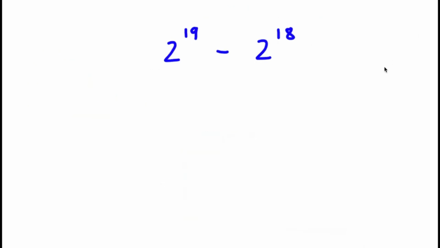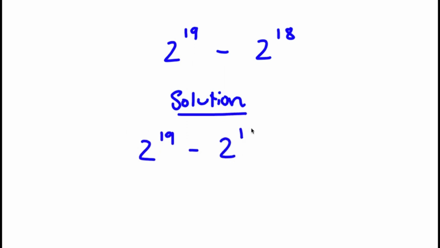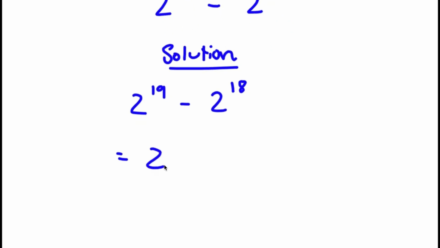Alright, so in this problem I have 2 to the power of 19 minus 2 to the power of 18. So for my solution, first start with 2 to the power of 19 minus 2 to the power of 18. Now 2 to the power of 19 is the same thing as 2 to the power of 18 plus 1.